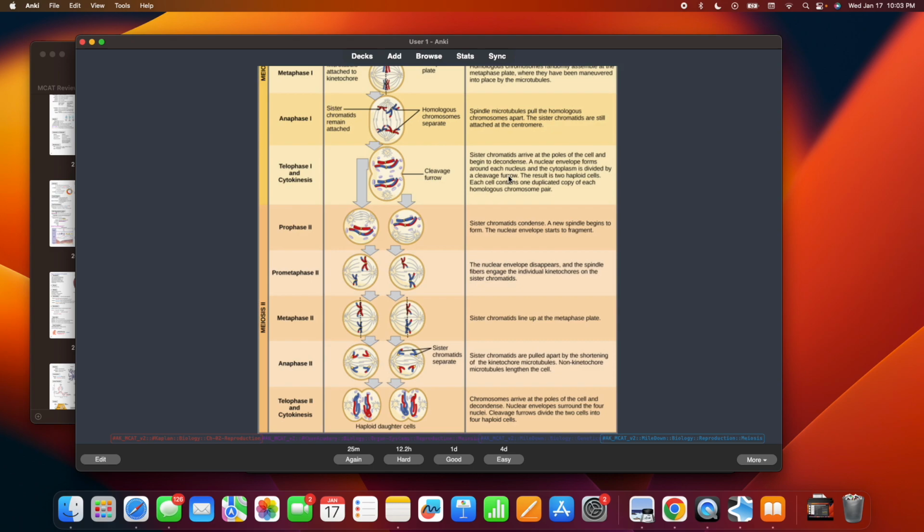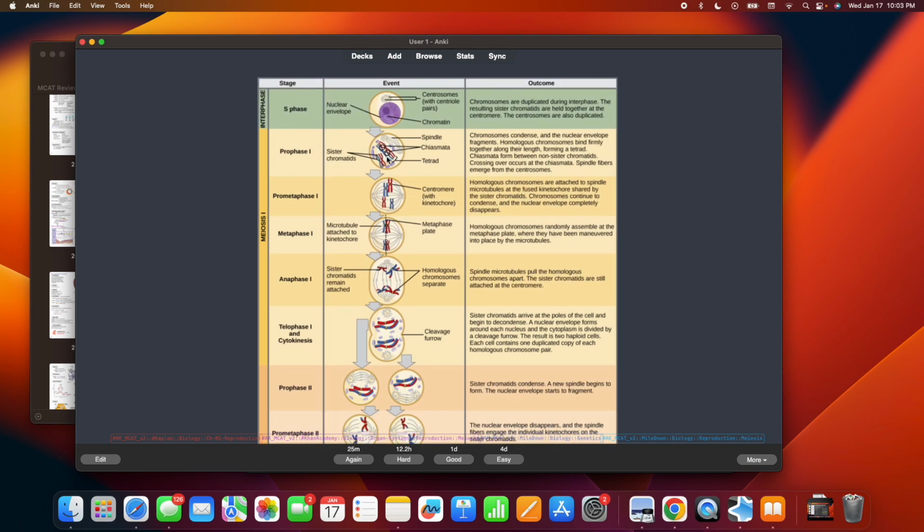The result is 2 haploid cells. Each cell contains 1 duplicated copy of each homologous chromosome pair. So we had those homologous chromosome pairs.